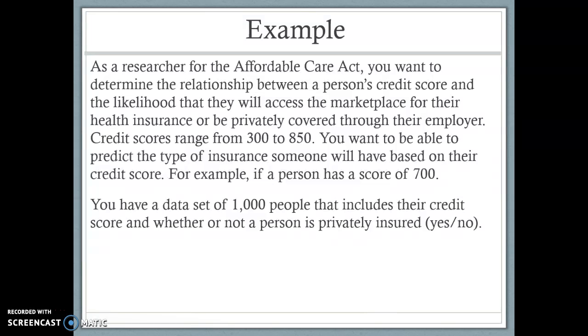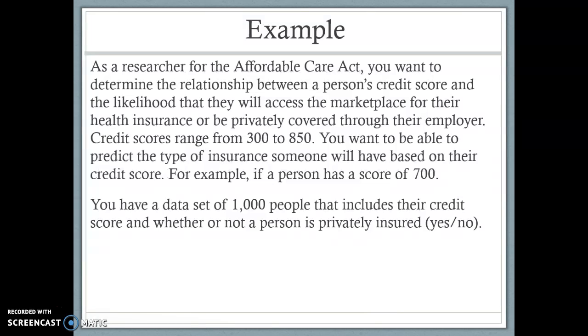We want to see that relationship based on credit scores, because credit score is an easy measure. I can access credit scores through a credit website, whereas I can't necessarily access people's insurance information. That's private, it's covered by HIPAA.